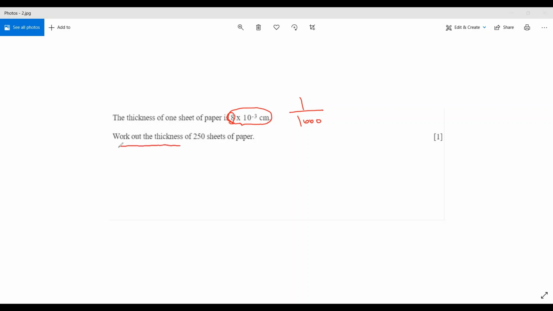They say work out the thickness of 250 sheets of paper. If one sheet is this much, 250 sheets is the product of these two numbers. And actually, I don't need a calculator for that. This gives me 2000, and I have to remove 3 of these zeros.